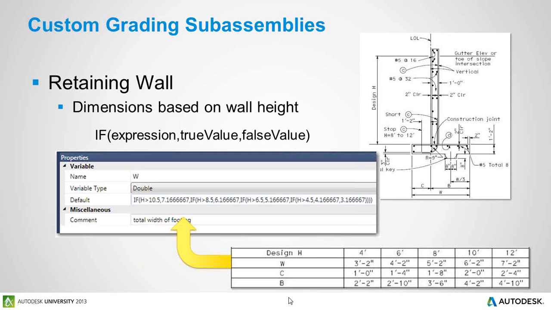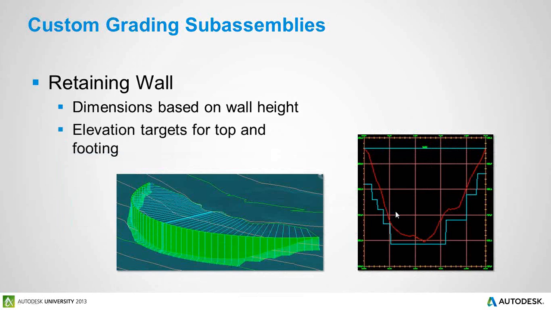And we actually did this for all the different parameters, so you can build some intelligence into your assembly based on your standards. The other thing we were able to do with this one versus the stock retaining walls is that the retaining walls that Civil 3D ships with target surfaces. This one was built to target profiles, so it allowed me to create a subassembly where we can do a top of wall profile and also footing profiles.